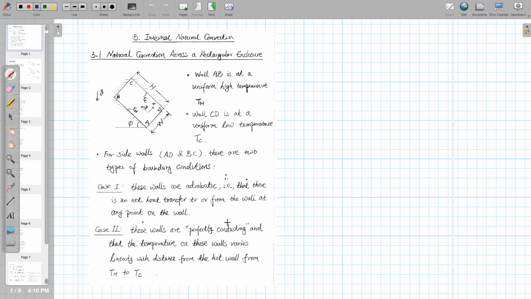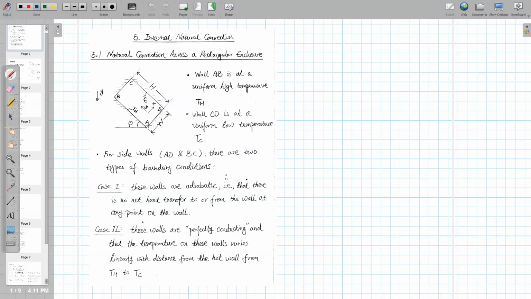In that case, the temperature distribution on these side walls AD and BC along the X direction, where X is on the width direction and Y is on the height direction of the enclosure, will be linear.